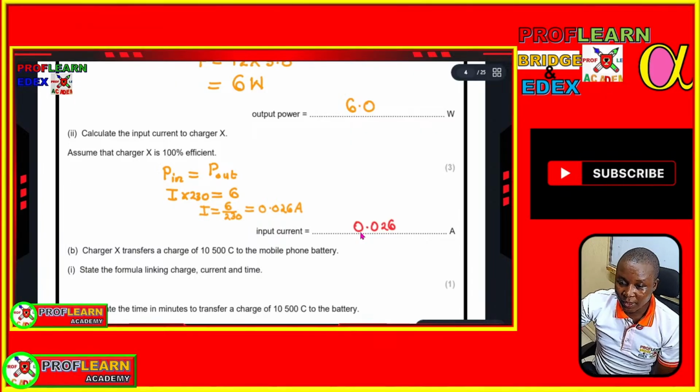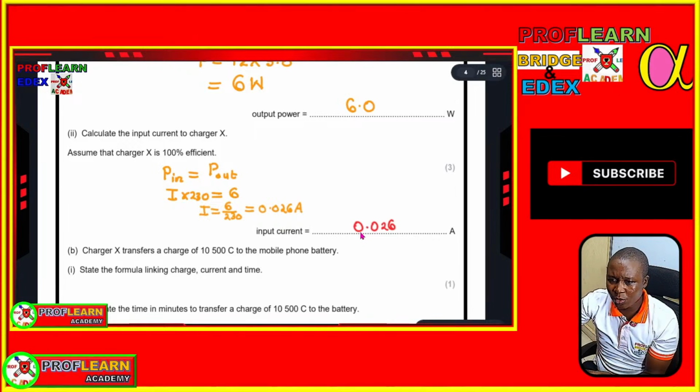Then we are told that charger X transfers a charge of 10,500 coulombs. So you see they are trying to combine the topics of power, transformer, and electricity, and then bring in the charge.